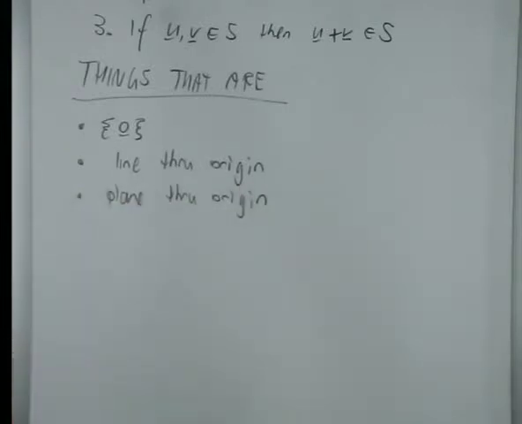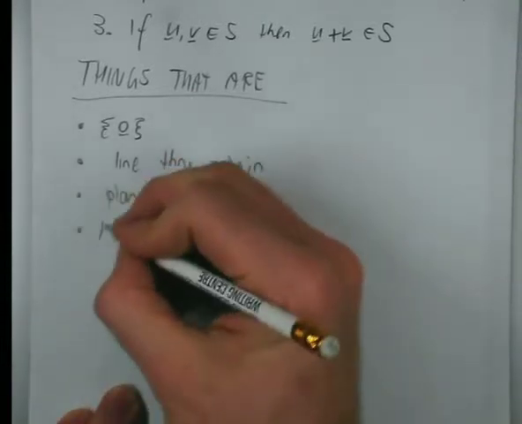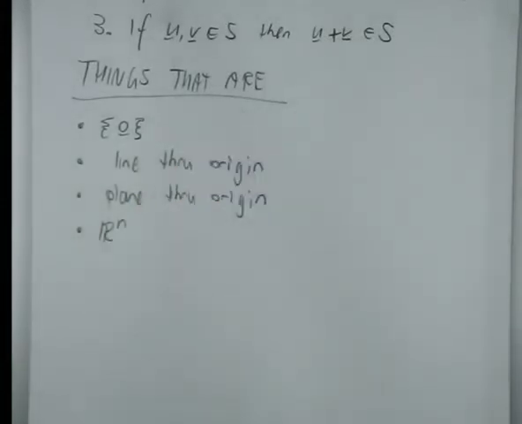Do remember they have to go on forever. Even though when we draw planes, we draw them as rectangles, they have to go on forever. And also, you could take the entire of Rn, and it's a sort of technicality that it's a subspace too. So you are allowed to go, oh look, I've just got everything, yep.